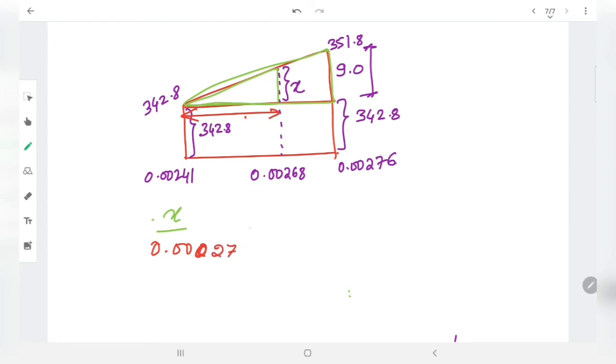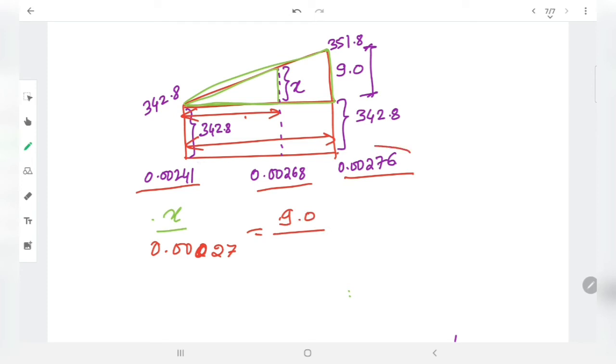That is 0.00268 minus 0.00241, which is around 0.00027. And from here to here, 0.00276 minus 0.00241. This will be equal to the opposite of the next triangle, that is 9.0 divided by this base.